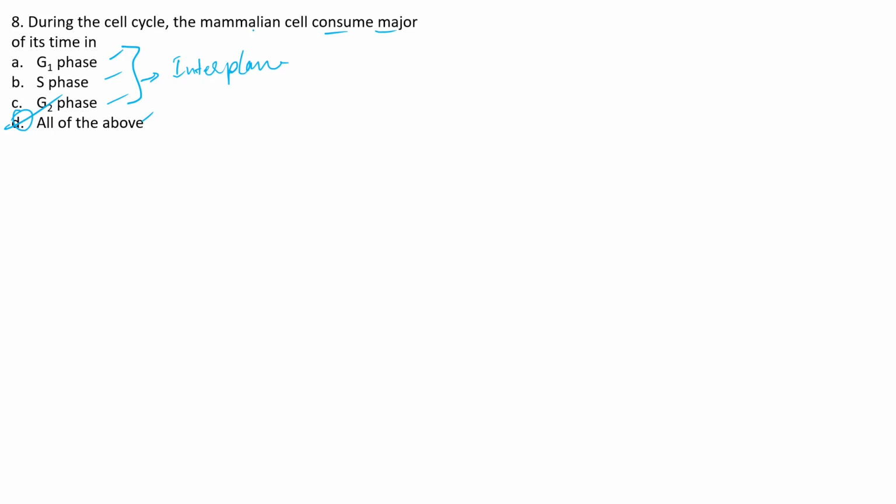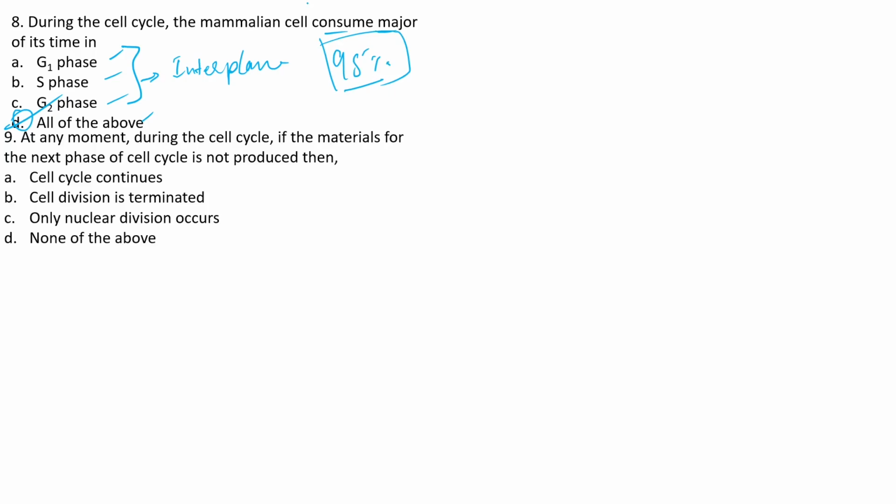Hence, all three make up the interphase, and indirectly we can say that the cell is spending the majority of its time in these three phases. Right? And we know that it spends around 95%. Yes, around 95%. Just a moment to recall.